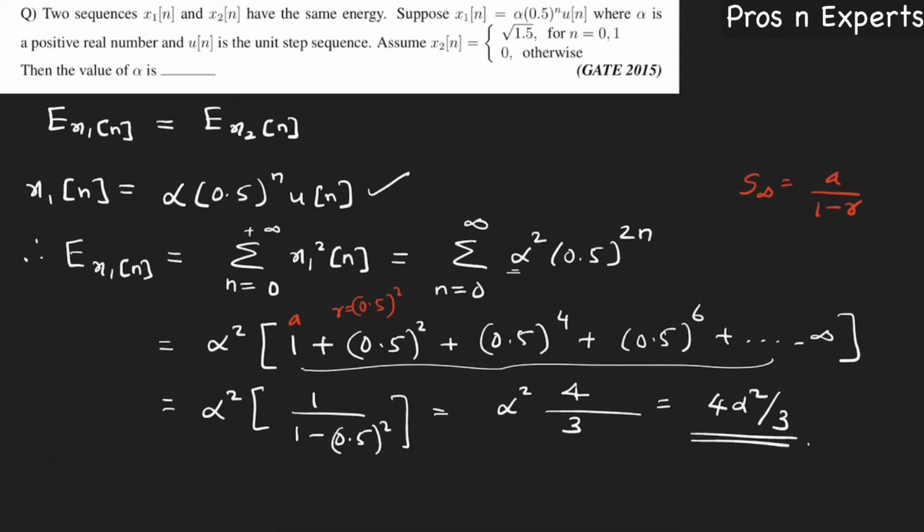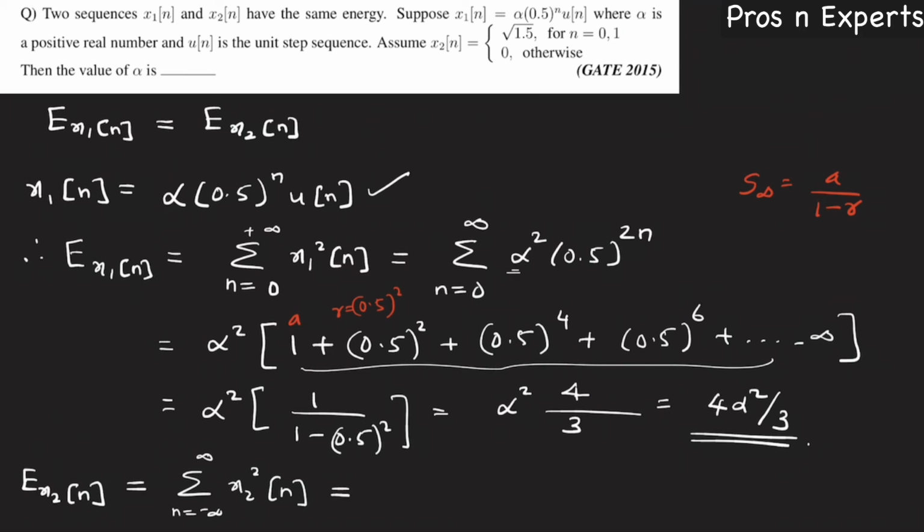Alright, now consider energy of x2 of n. x2 of n has only two samples, root 1.5 and root 1.5. So sigma n equal to minus infinity to infinity x2 square of n. We need to find the summation only at n equal to 0 and n equal to 1, and in both cases the sample is root of 1.5.